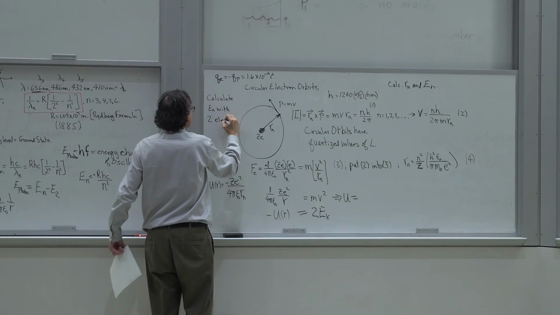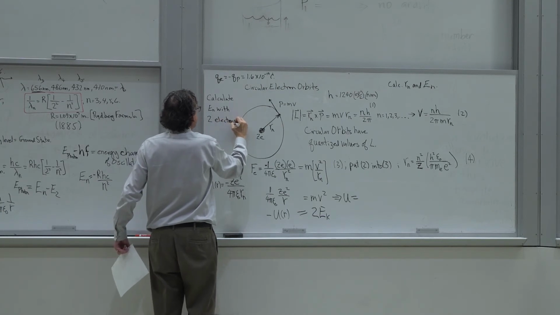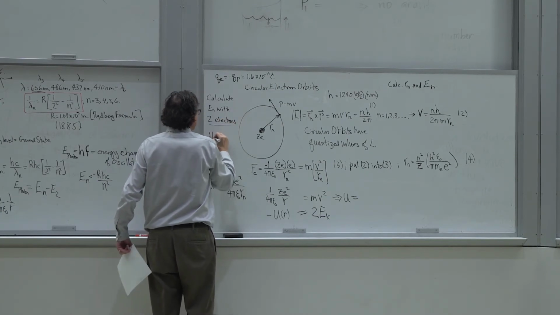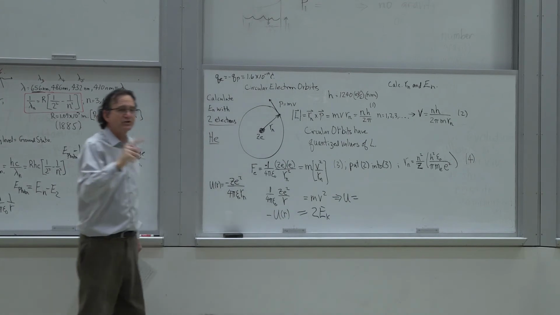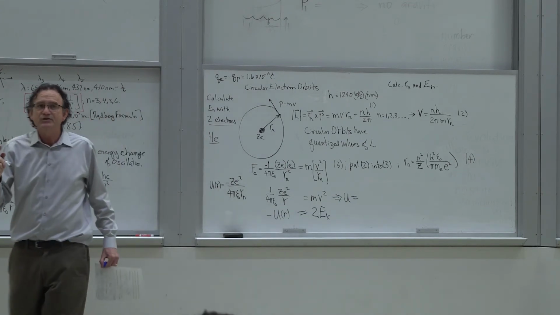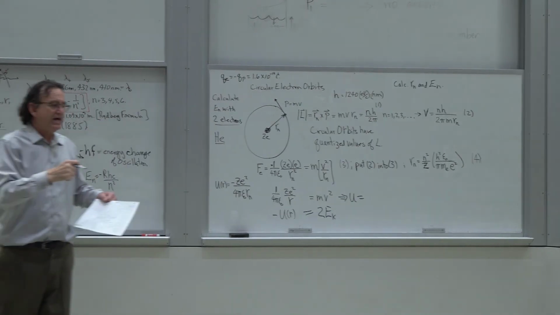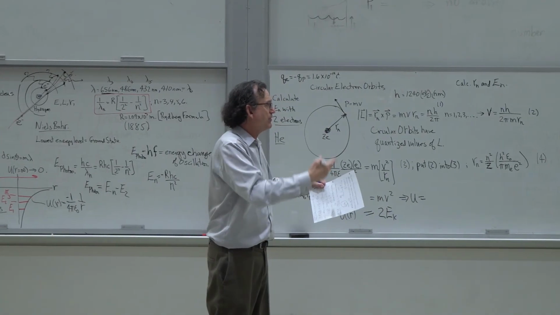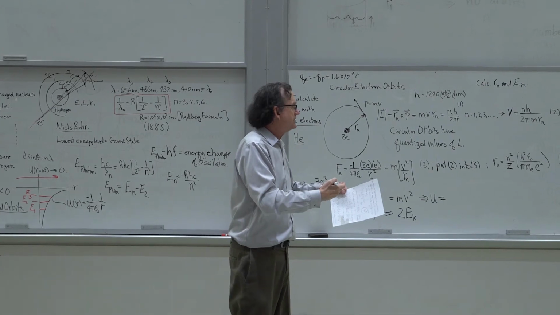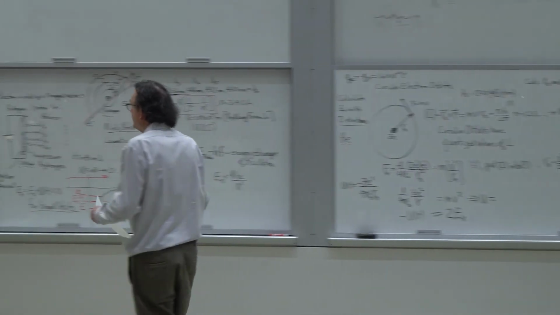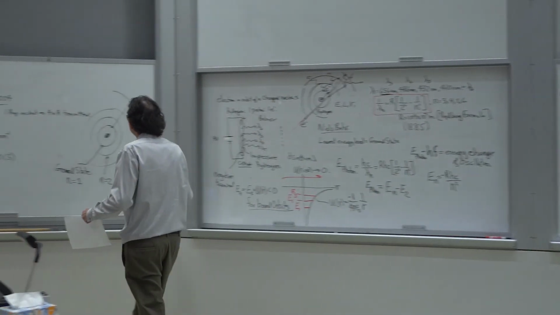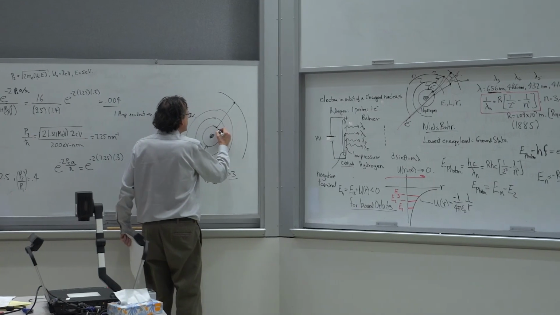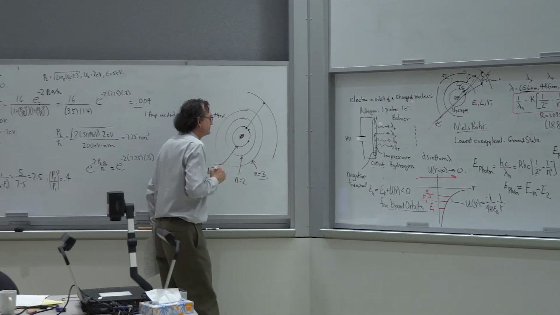Even helium is the simplest one. Helium has 2 electrons and 2 protons. So you might think that there are 2 electrons, they're both in the ground state, and therefore they both see a charge of Z equals 2.